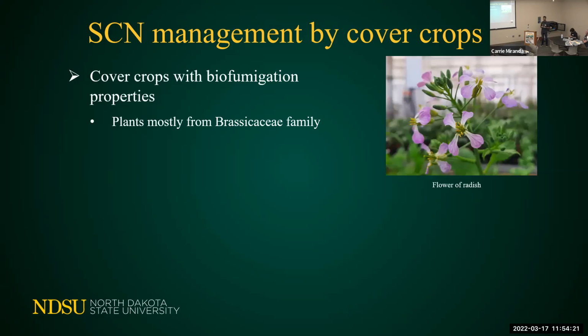Biofumigation is generally done with different crop families, especially the Brassica family. I'm showing the picture of a radish flower. They control soybean cyst nematode by chemicals called thiocyanate and isothiocyanate. These chemicals are detrimental to pathogens like this nematode, and SCN has been effectively controlled by biofumigation, as shown in many studies.